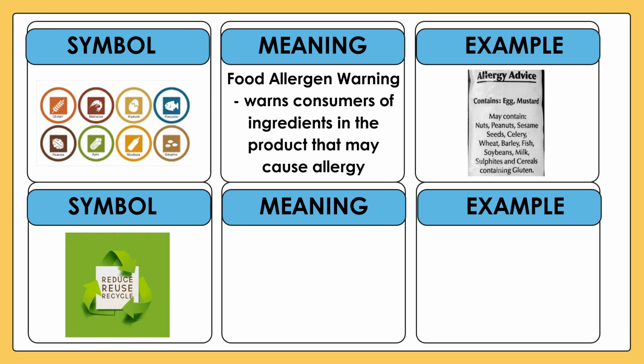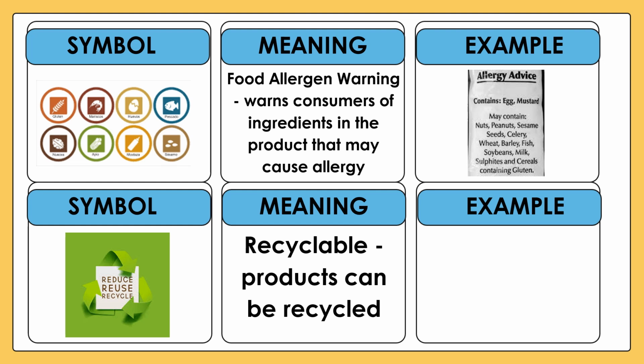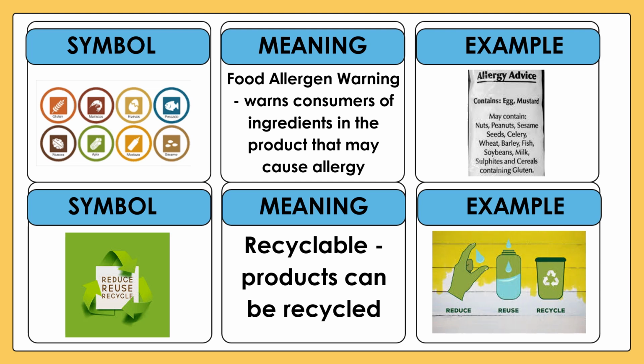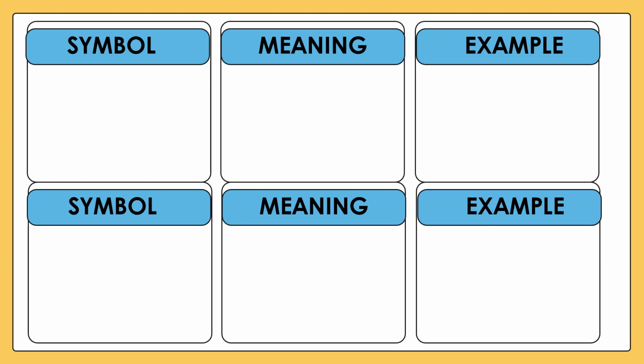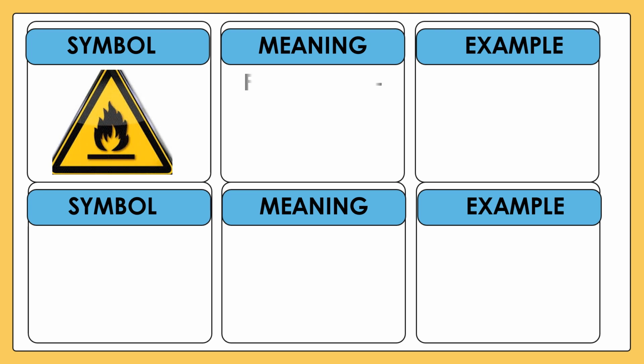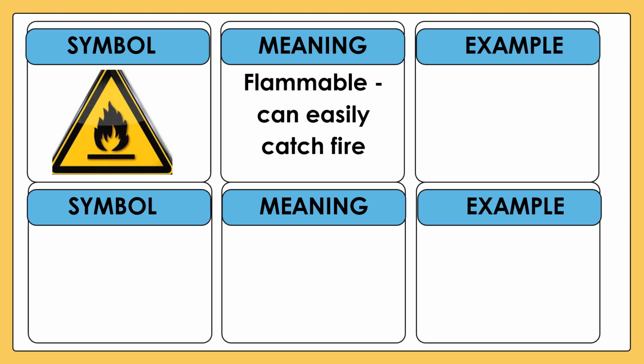The third one, we have recyclable products. It can be recycled. Here's the example, plastic bottle, paper cups, and so on. Next, we have flammable symbol.